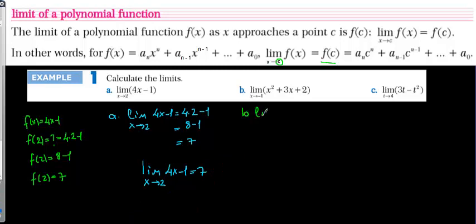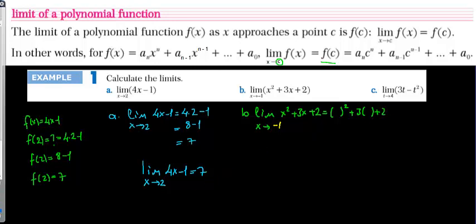Or part B, the limit as x tends to minus 1 of x squared plus 3x plus 2 is going to be equal to minus 1 squared plus 3 times minus 1 plus 2.